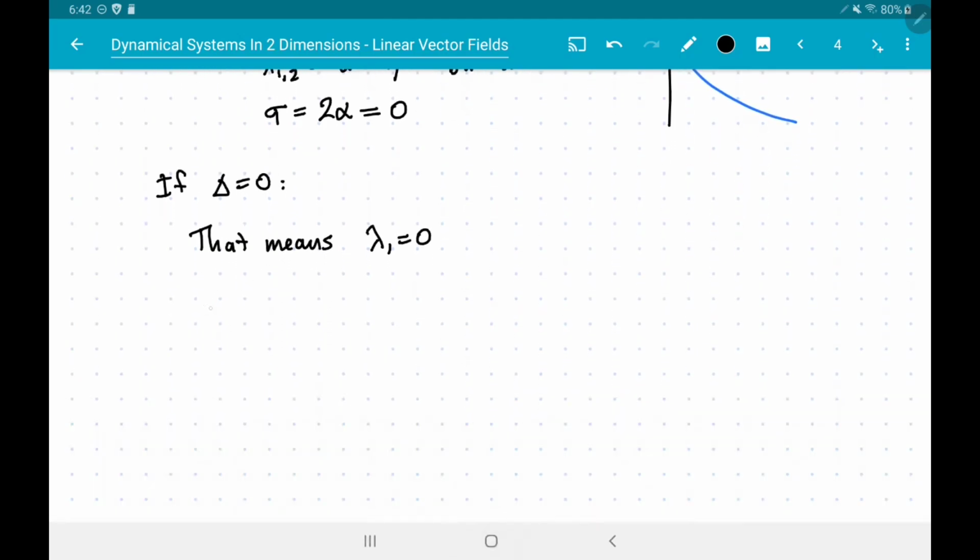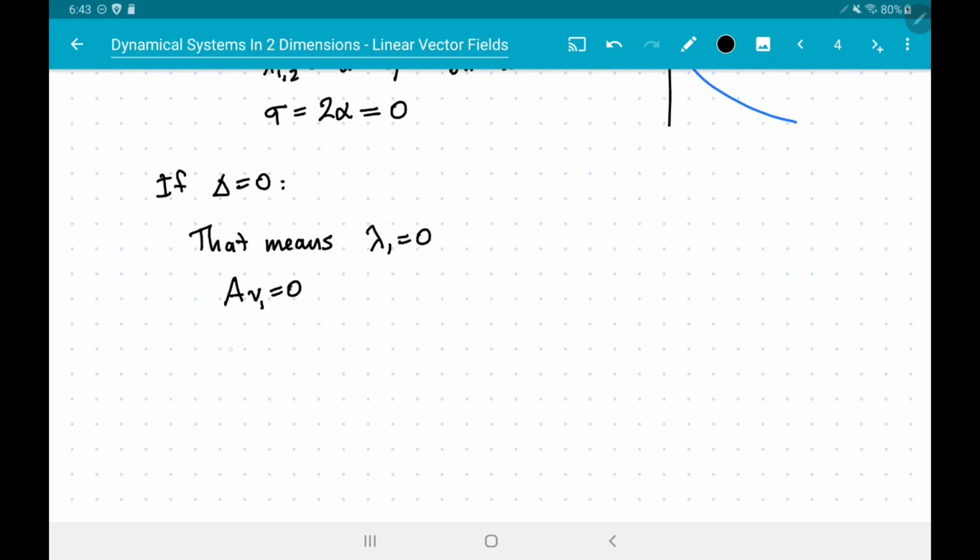So that means that AV is equal to 0. So let me call it AV1 equals 0. That means that A is in fact singular, and you have this AV1 equals 0.